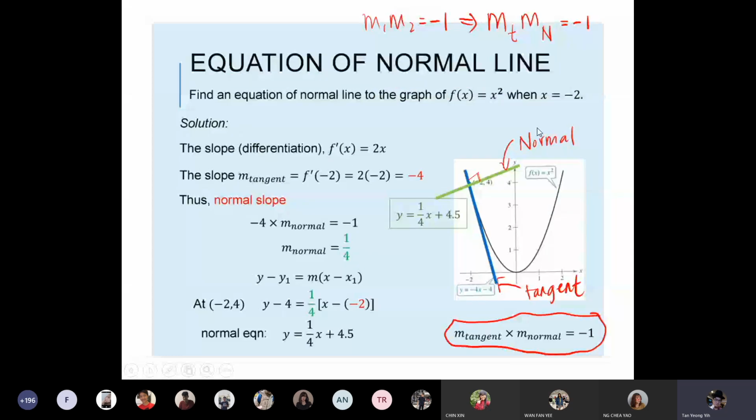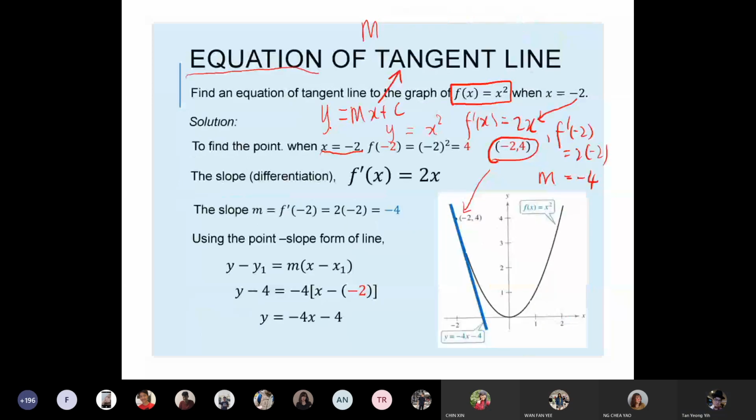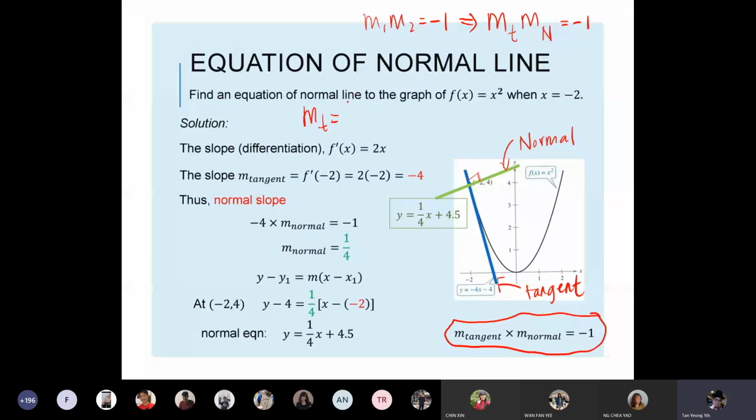From the previous example, we already know the slope of the tangent. The slope of the tangent is -4. To find the slope of the normal, we use this formula.